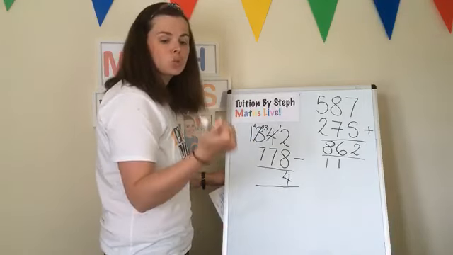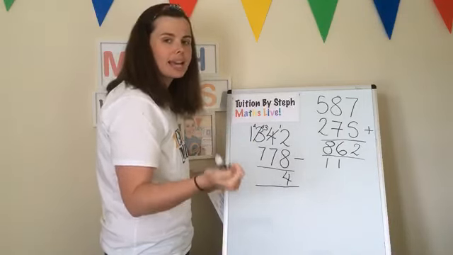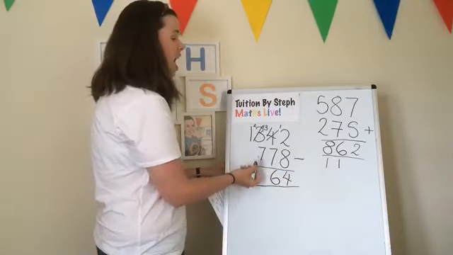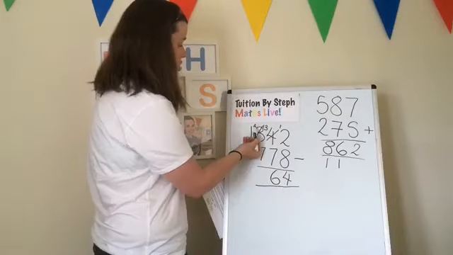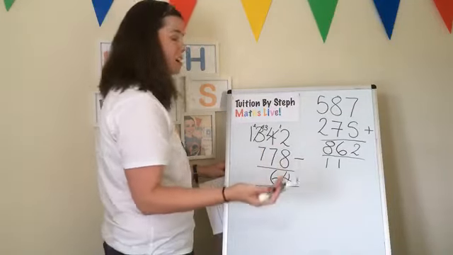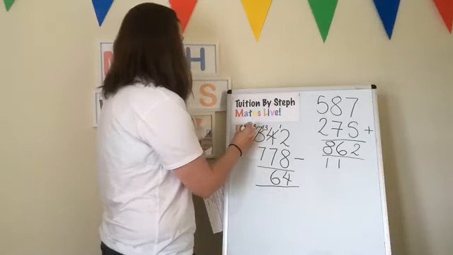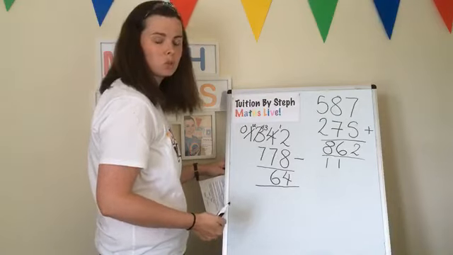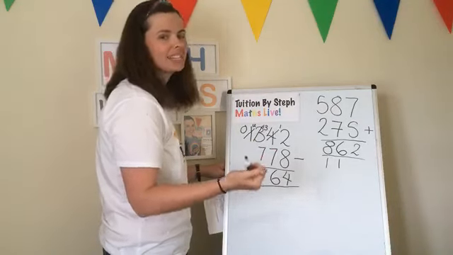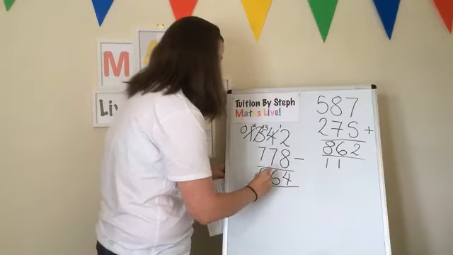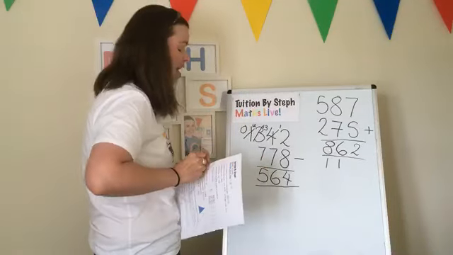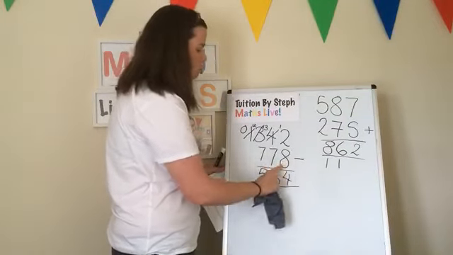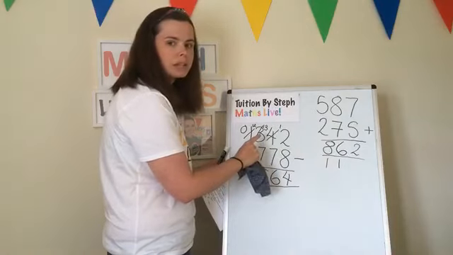So 13, 12, 11, 10, 9, 8, 7, 6. Okay. And again, we've got 2. We need to subtract 7. We can't do it. So we say, hey, give me 1. So now it's 12, take away 7. It's 12, 11, 10, 9, 8, 7, 6, 5. So the answer is 564. Lots and lots of regrouping there, but just take your time, one step at a time.